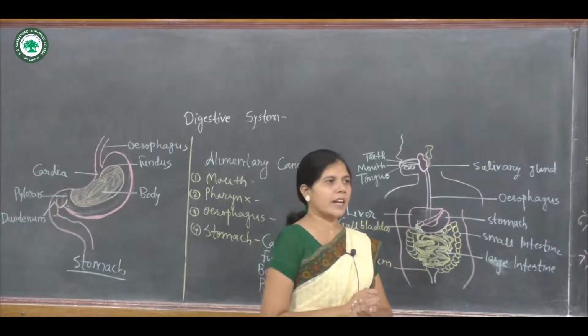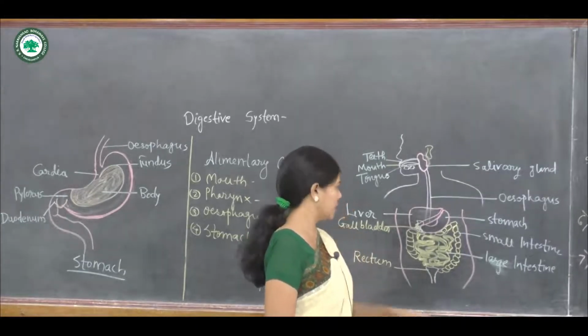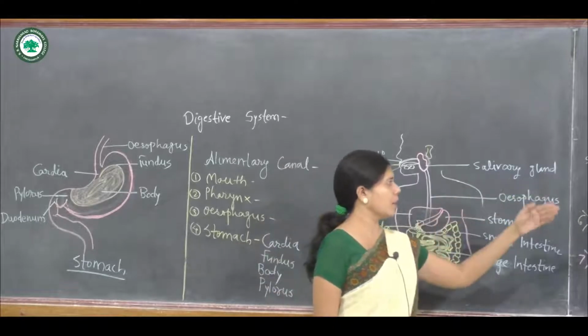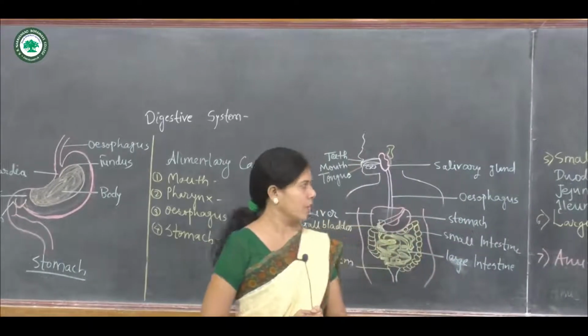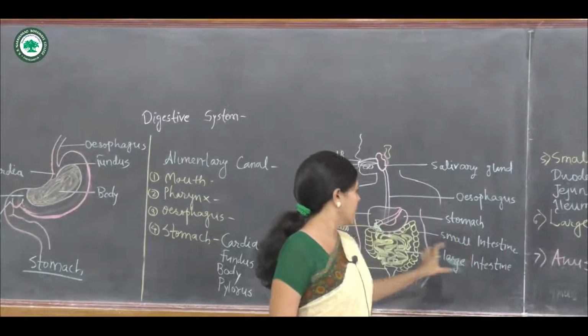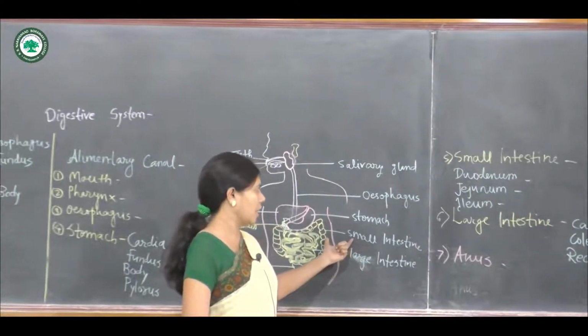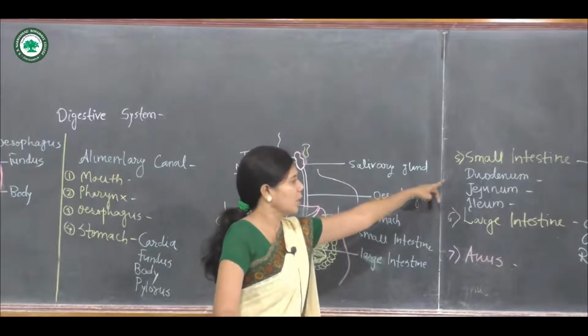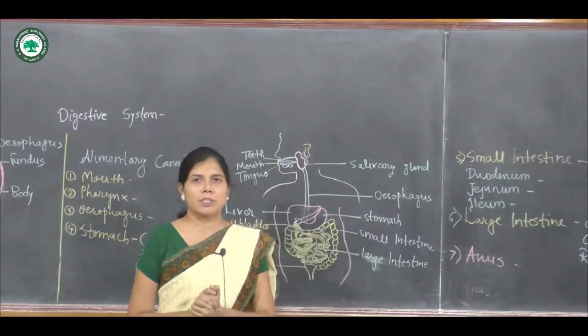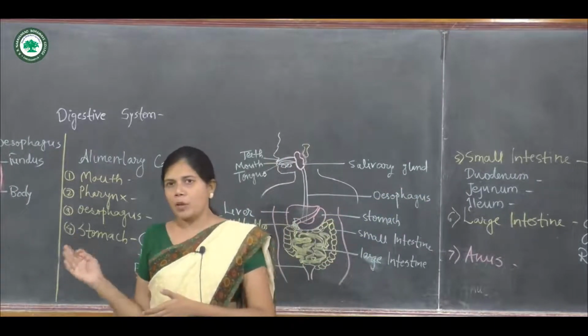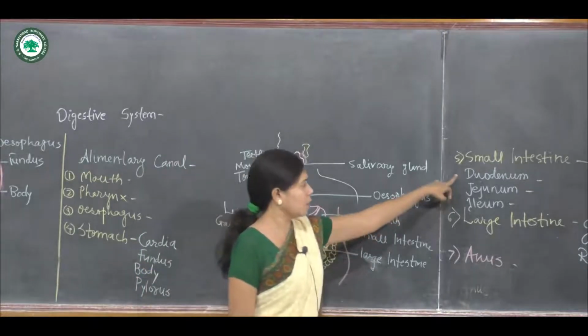The small intestine is again divided into 3 parts: the duodenum, jejunum and ileum. The duodenum is continuous with the last part of the stomach, that is, the pylorus is continuous with the duodenum.